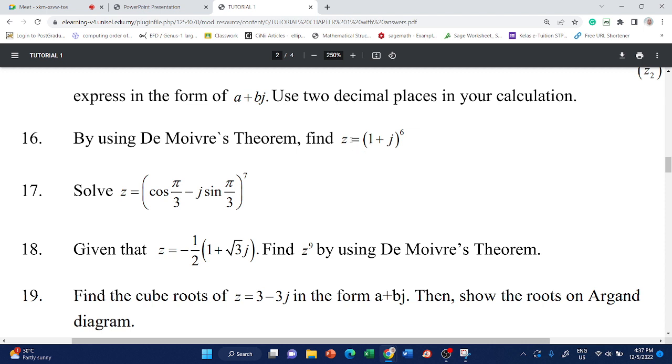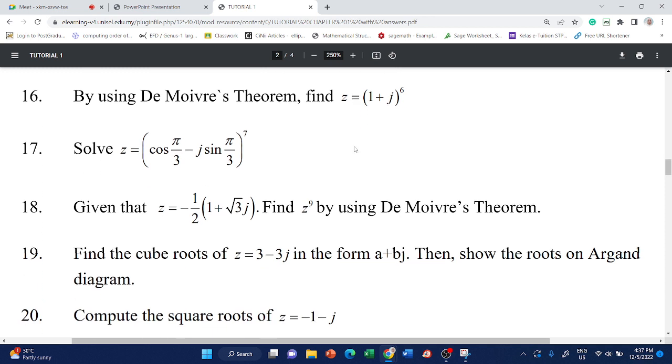Do we know what your r and theta are? No, we don't know. Okay, but can we find r and theta from this equation?